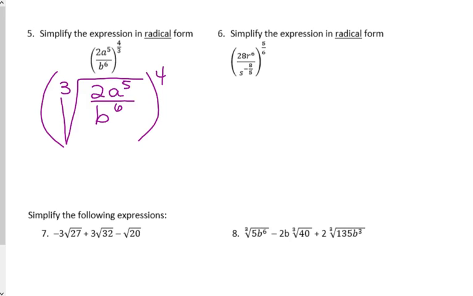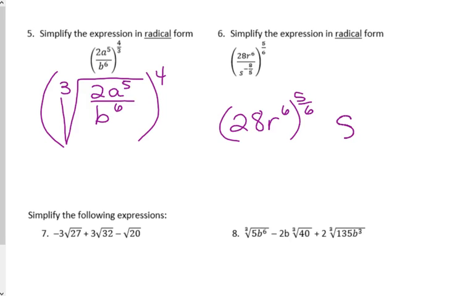Now in this one, we have 28 r to the 6th raised to the 5 over 6, and all of that over s to the negative 8 over 5. So this one's going to be a little bit more complicated, so we're going to do it in two parts. Note s has a negative exponent, so let's go ahead and do that. We're going to have 28r to the 6th, raised to the 5 over 6, and we have s raised to the negative 8 over 5.